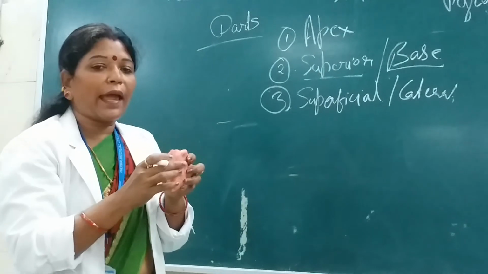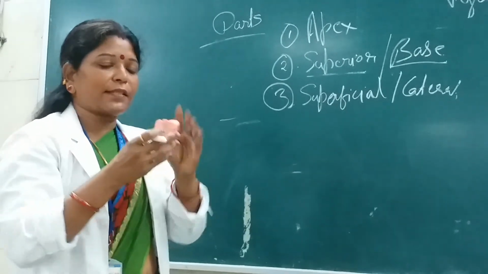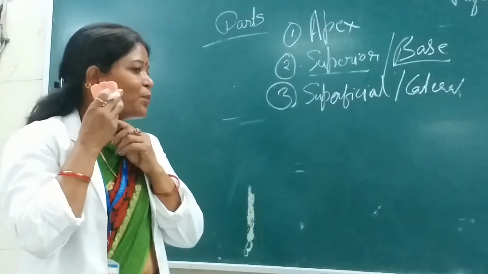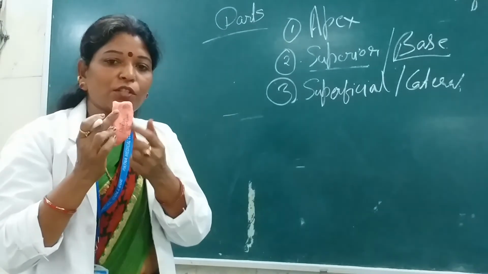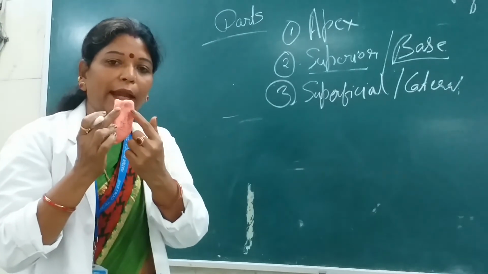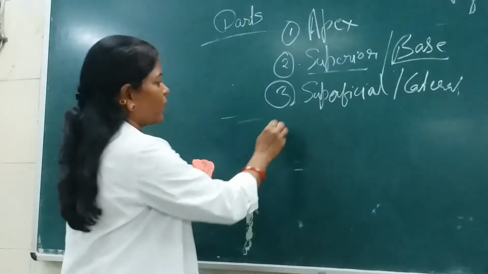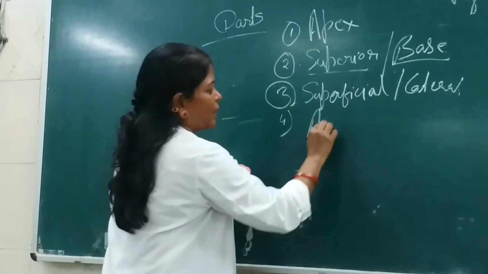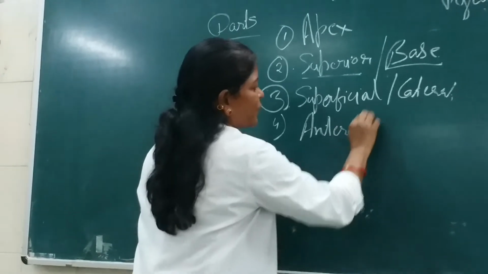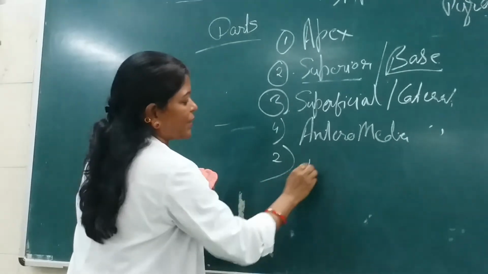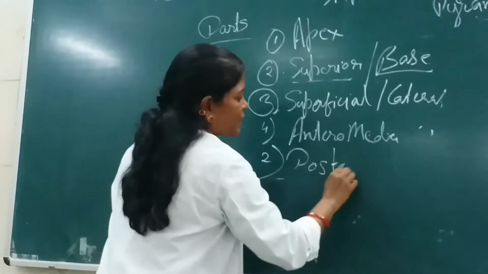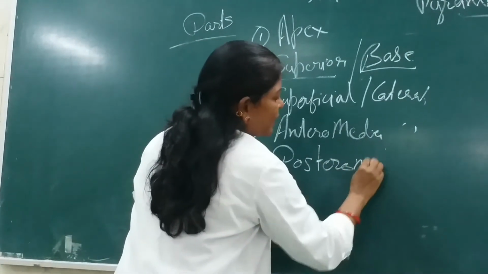Then comes the anteromedial surface. Suppose I have made the right parotid gland for you all, so that this surface which is facing like this is the anteromedial surface. And just opposite there is a posteromedial surface.